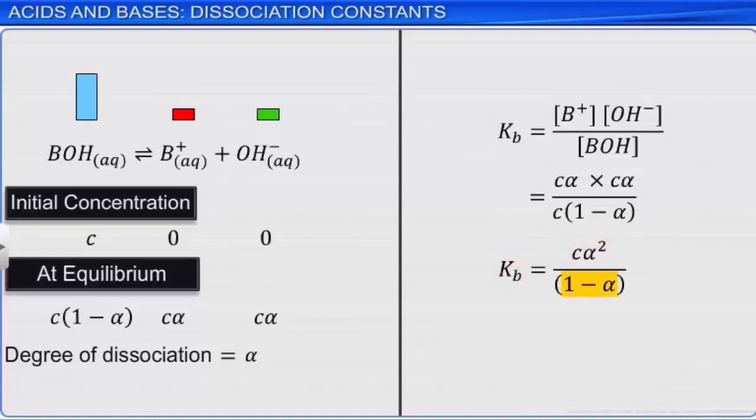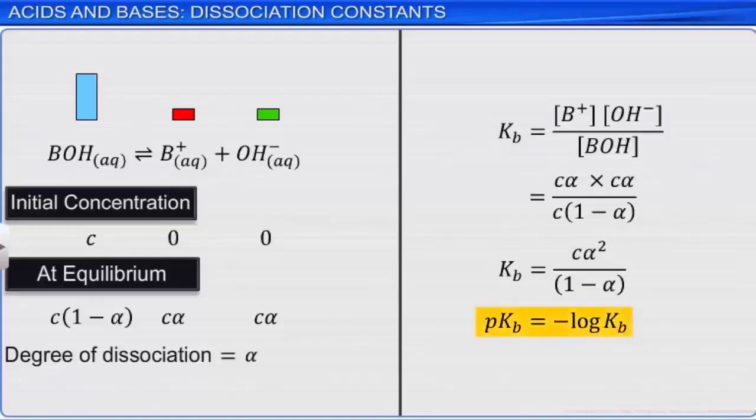Analogous to Ka, Kb also helps us in finding the pH, equilibrium concentration, and degree of dissociation of weak bases. On extending the logarithmic scale to Kb, you can write pKb is equal to negative log Kb.